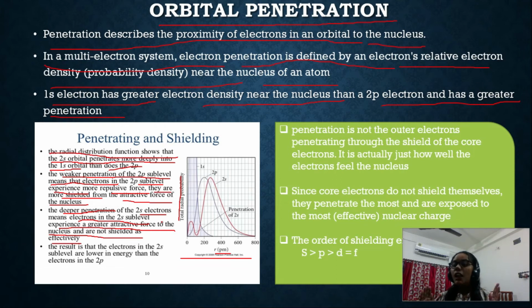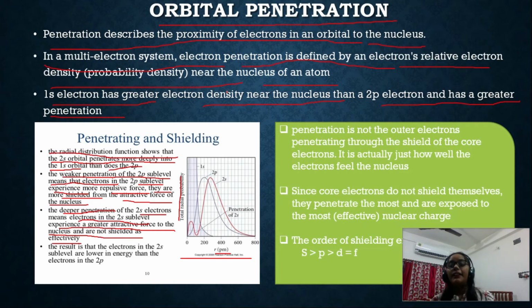That means the attraction force for these orbital electrons is more, so the shielding effect is less. Understand? These are the two very important statements. You have to understand this, otherwise you cannot get the concept of orbital penetration.